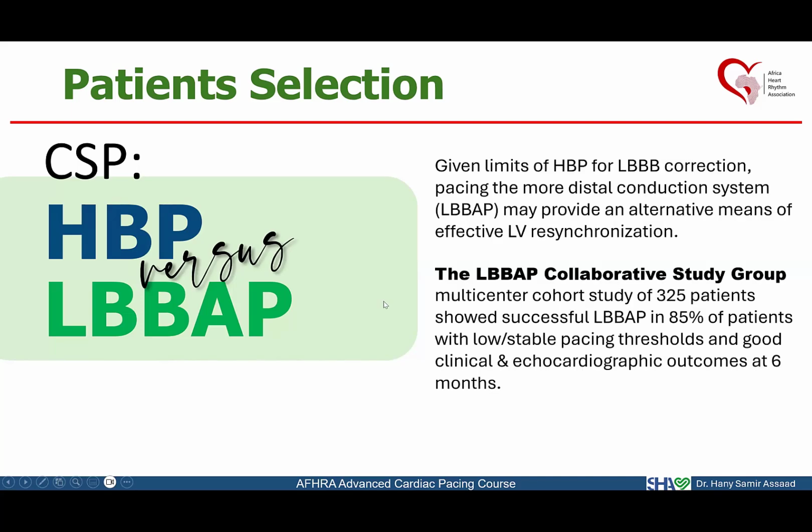The answer will be given in detail later, but given the limits of His bundle pacing for left bundle branch correction, we know the difficult technique, the high threshold of pacing, the rapid draining of the batteries, pacing the more distal conductive system, the left bundle branch area, may provide an alternative means of effective LV resynchronization.